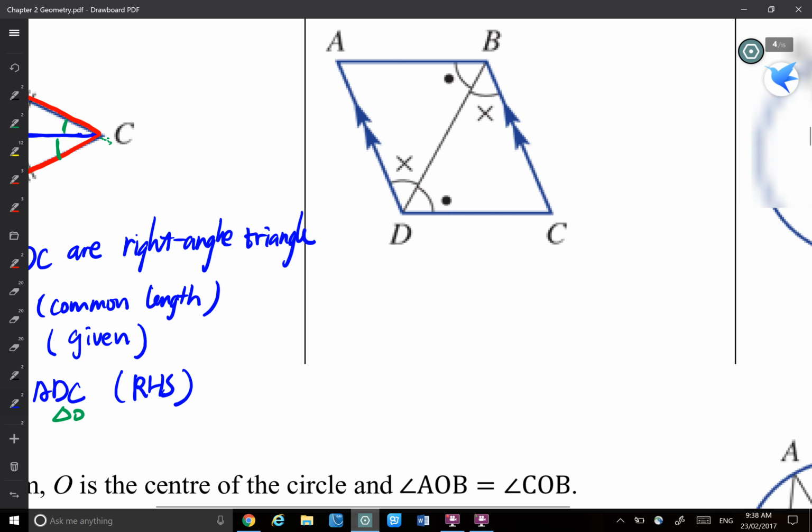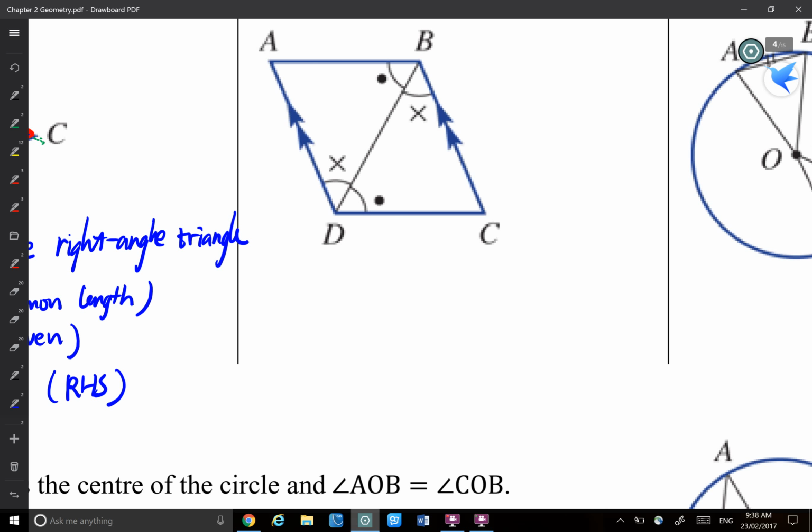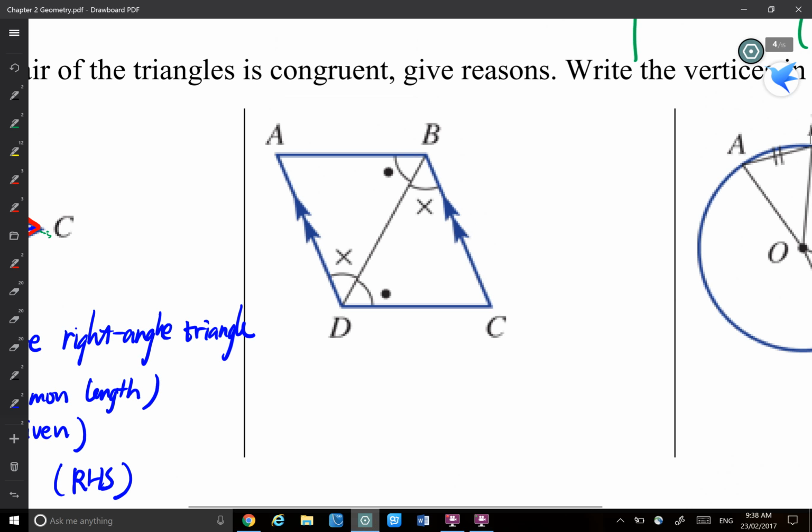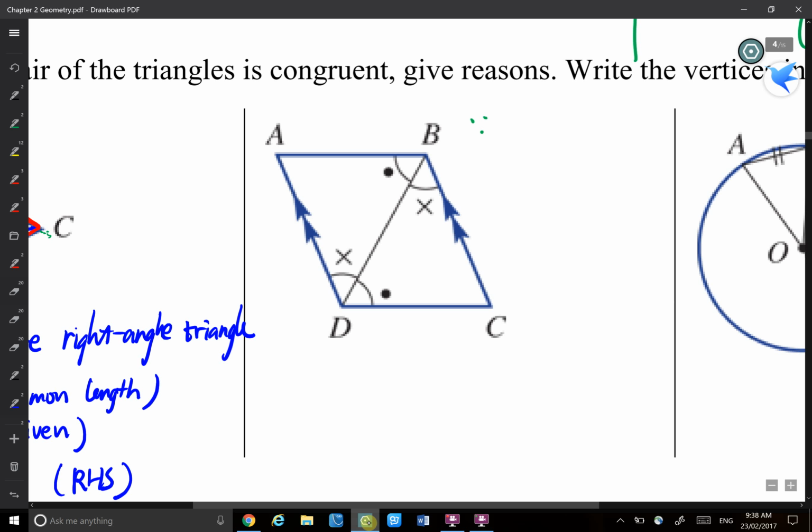Okay, let's have a look at the next one. We have triangle ABD and CDB. So here we write, because angle ABD equals angle CDB, and also angle ADB equals angle CBD.